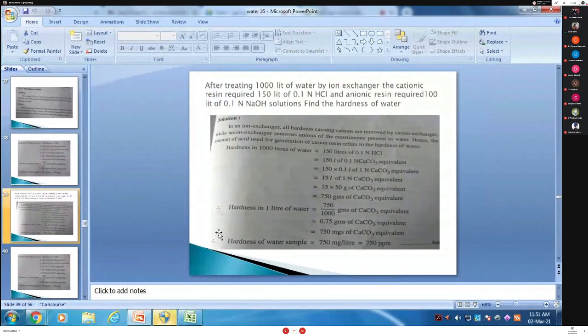Write down: therefore, hardness in 1 liter of water is equal to 750 divided by 1000 grams of CaCO3 equivalent.